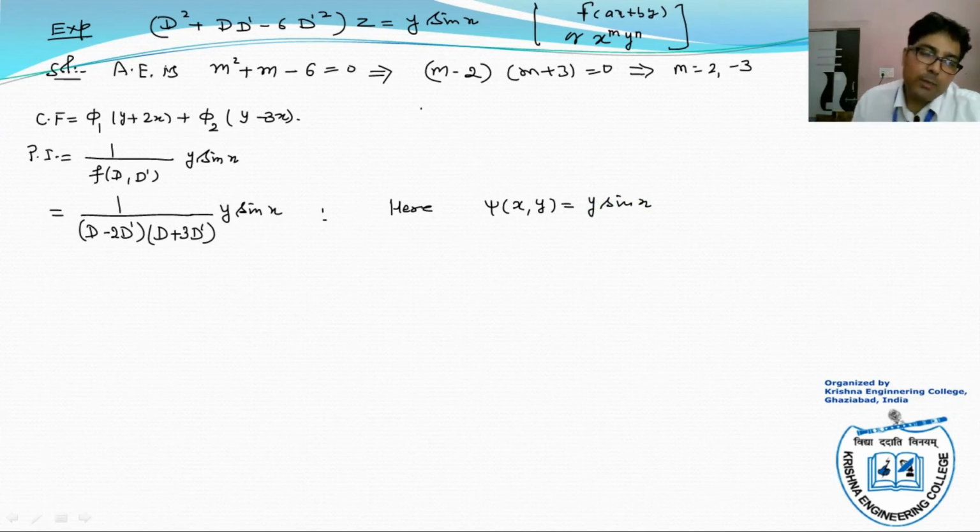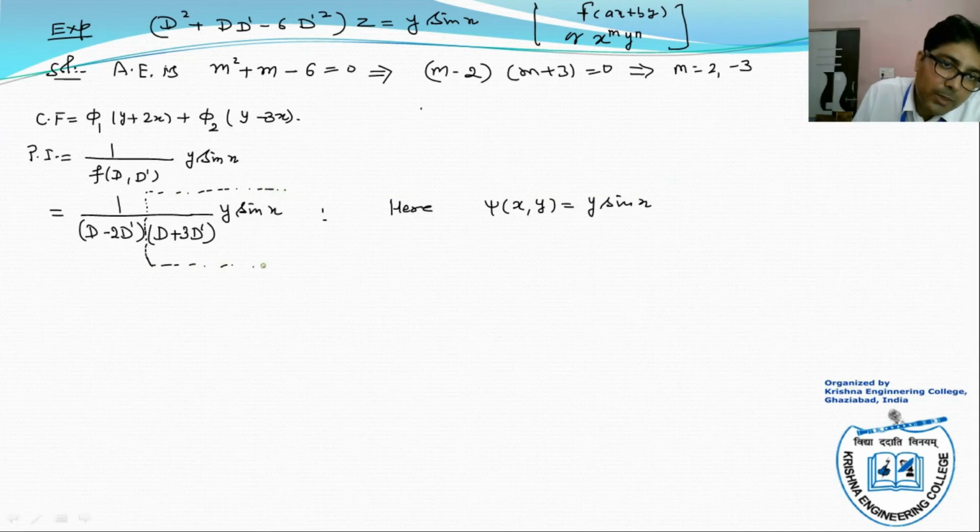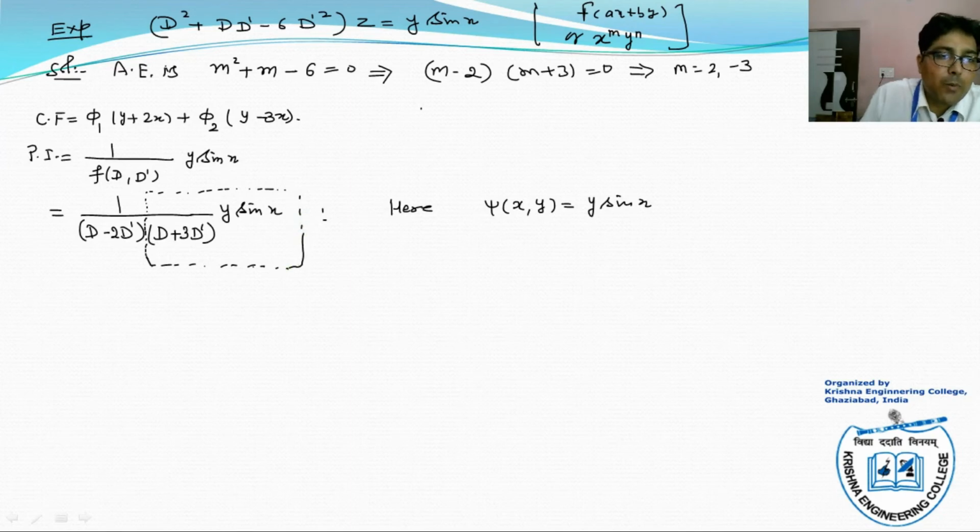Now we use the general method. First of all, we apply the general method for the first factor, 1 upon D + 3D'.